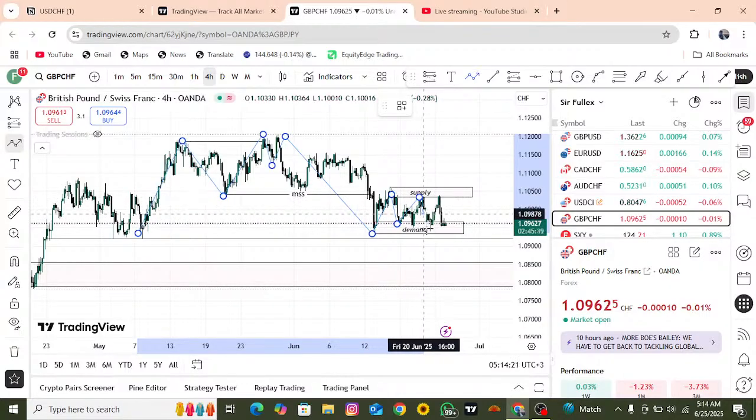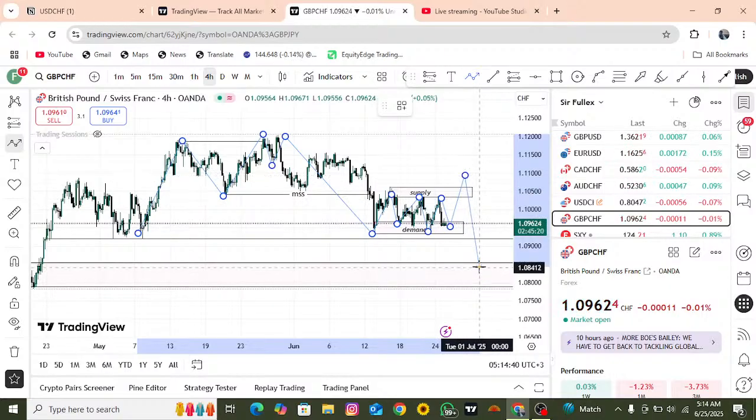Let me just show you. I'd really love to see a small retracement back to this zone. Here you can see there's no retracement. If we have a small retracement to the zone, then we can take a very nice trade going downwards.